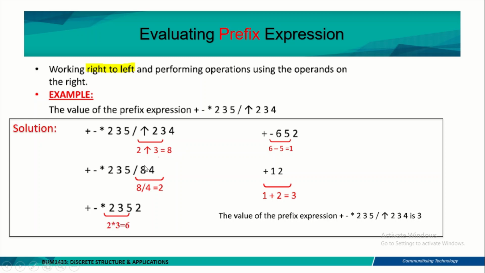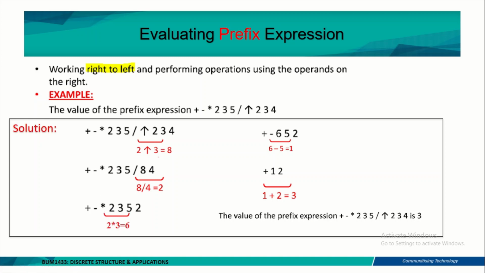Then we see the second operation here is divide. Since we know it is left to right, 8 divided by 4, so we get 2. So we put 2 here, and then we see the next operation on the right is multiply.